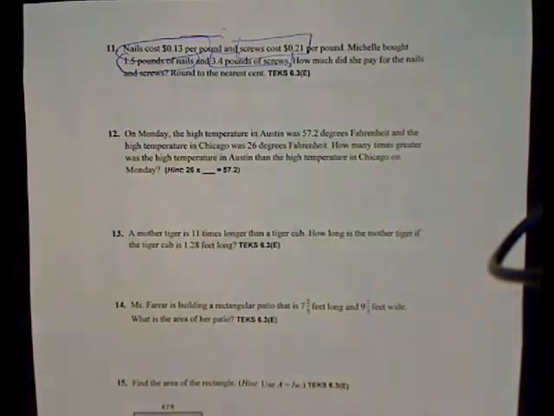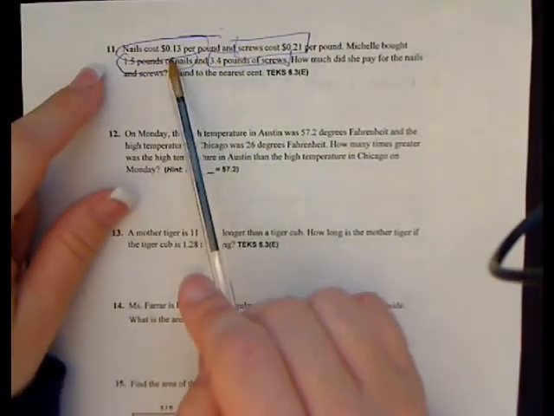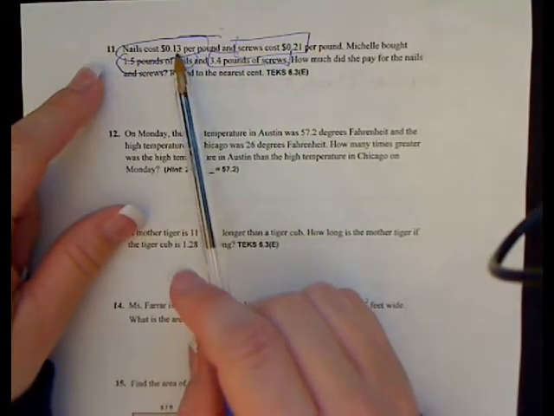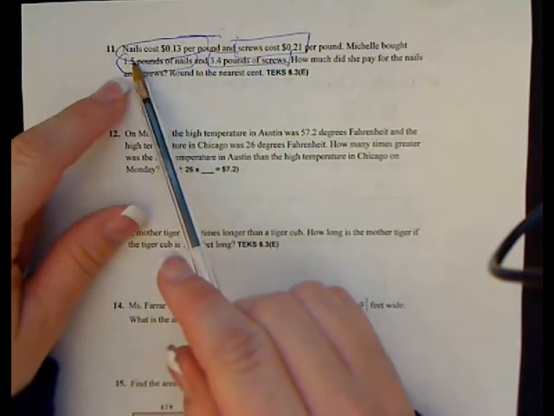Okay, so first things first, I need to figure out how much the nails cost and how much the screws cost. Well, I know that 1 pound of nails is 13 cents. She bought 1.5 pounds.